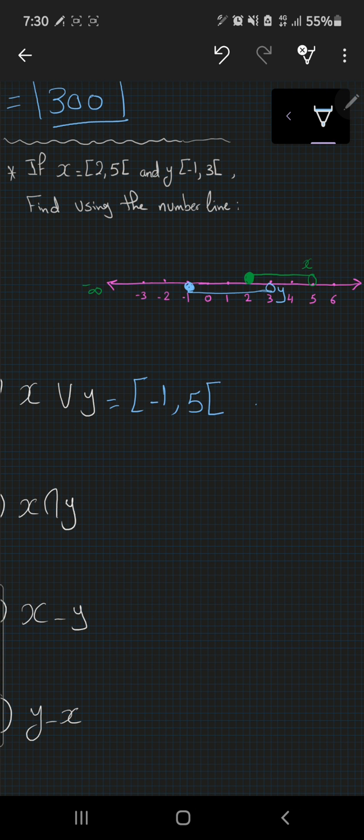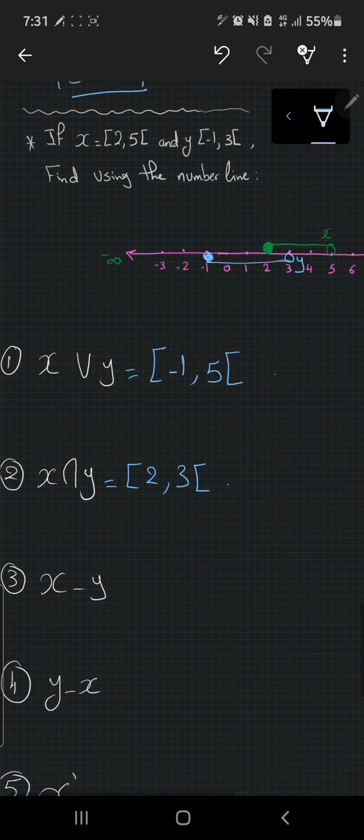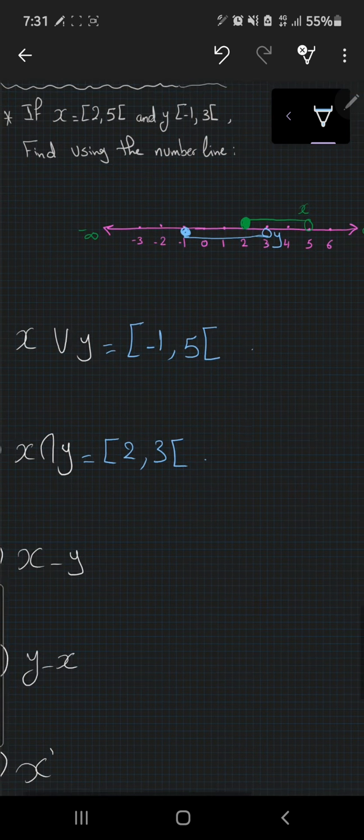Okay. Number 2, x intersection y. x intersection y is the common element between x and y, which is this part. So the result will be 2 closed and 3 open. Okay. x difference y. What's the meaning?